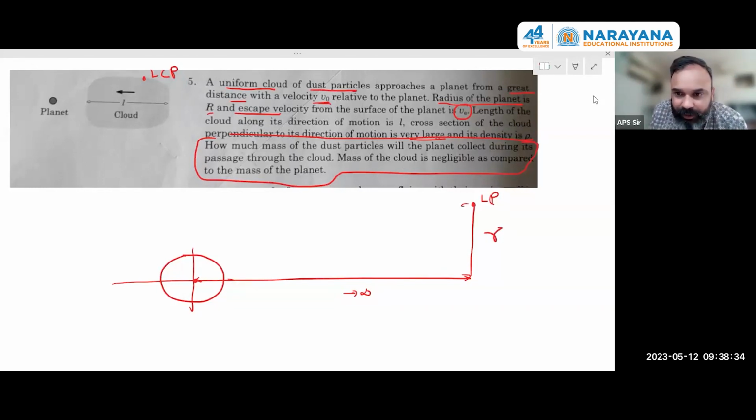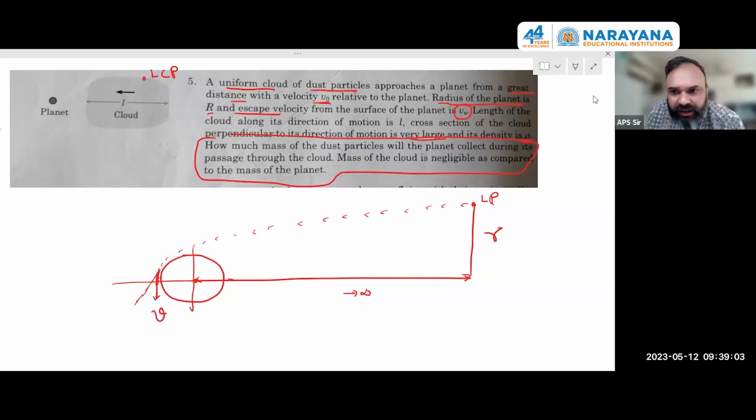Limiting means we are presuming that this guy will just touch my desired planet surface tangentially, somewhere here, with some speed which is, let's say, equal to v.